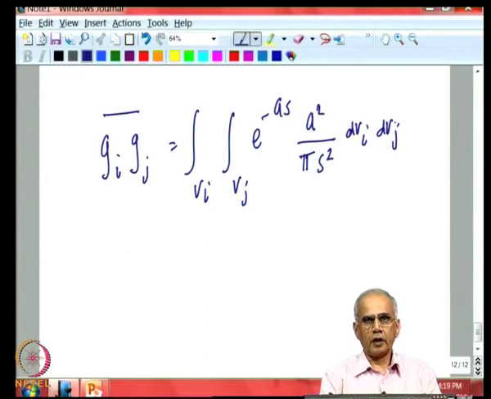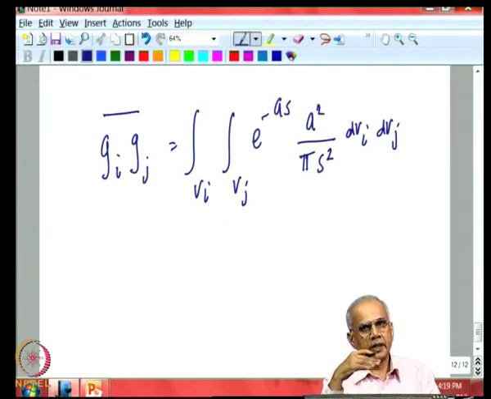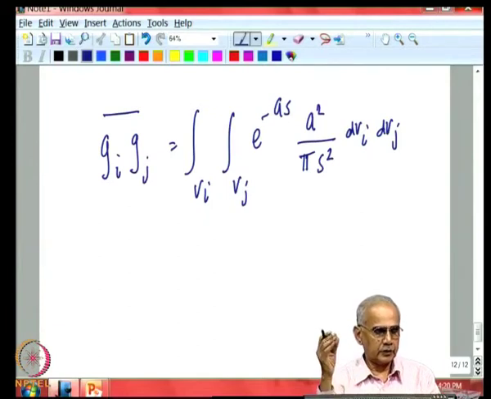So, I want you to think about how the original concept of shape factor, which we developed in the absence of gas, can be easily extended to the concept of exchange factor between two surface elements, further to exchange factor between a volume element of the gas and the surface element on the walls, and finally, from volume of gas to another volume of the gas. So, volume to volume exchange.